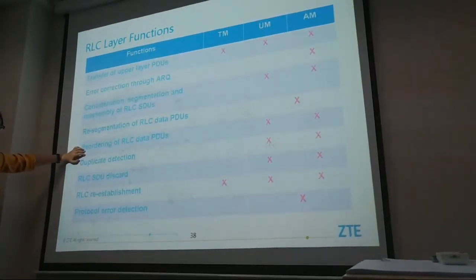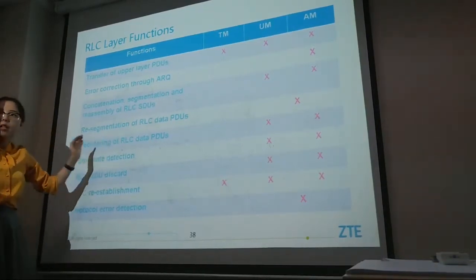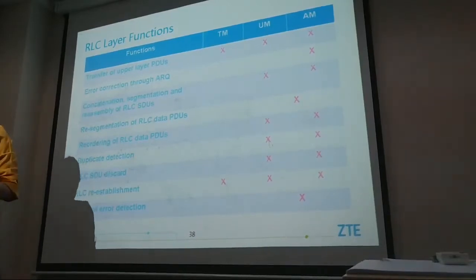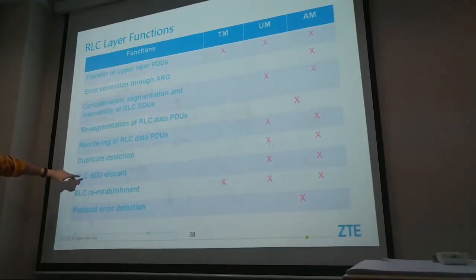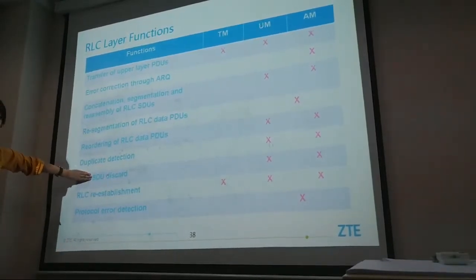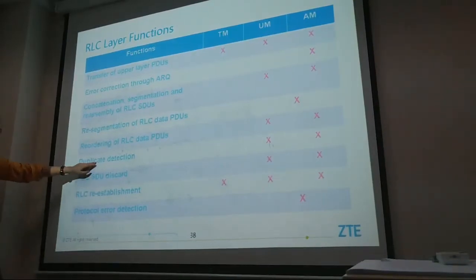Reordering is needed because we may segment or concatenate, so the packets may arrive in the wrong order. When we transmit the data to the upper layer, I need to guarantee all the data is transmitted in sequence. So I need to reorder it first.